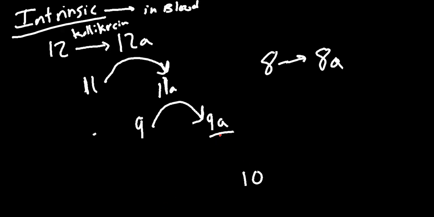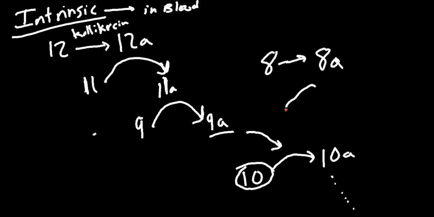And factor 10 will then get converted into its 10A, and then so on, down the common pathway. To activate factor 10, 9A and 8A will need to be present. Also, you'll need a couple other cofactors. However, I'm not going to throw that in. That's too much information at this point. So factor 9A and 8A will both be needed to convert factor 10 to 10A.